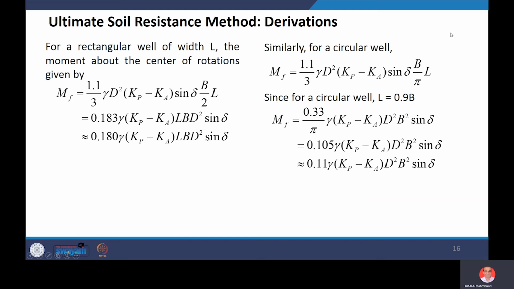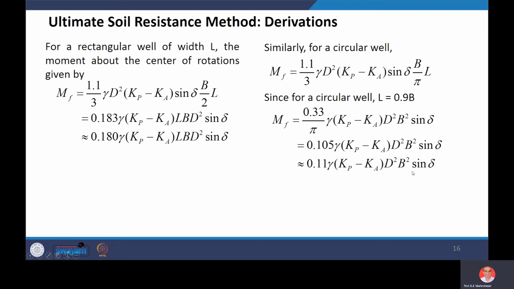While for friction for a circular well, this equation holds: 1 by 1.13 and gamma d cube. So you have this for a circular well, where B will be the diameter of the well and L is the projected width. For a circular well, L is taken as 0.9 B. But for a rectangular well, the equation is given by this relation, which is 0.11 gamma kp minus ka.